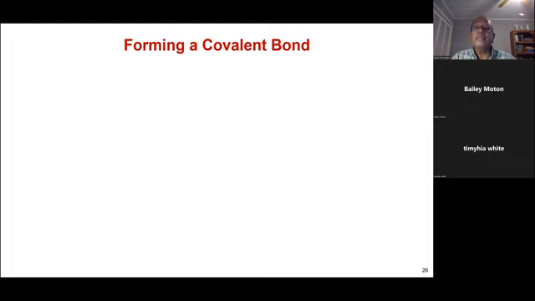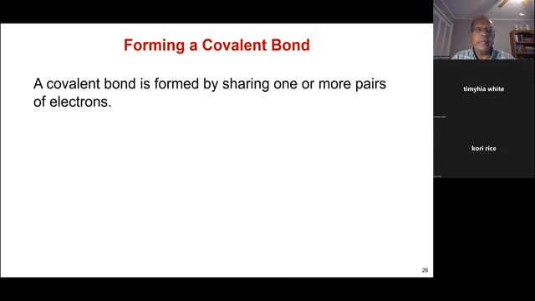You cannot lose more than 3 electrons to make a cation, or gain more than 3 electrons to form an anion. So the only choice is to share.